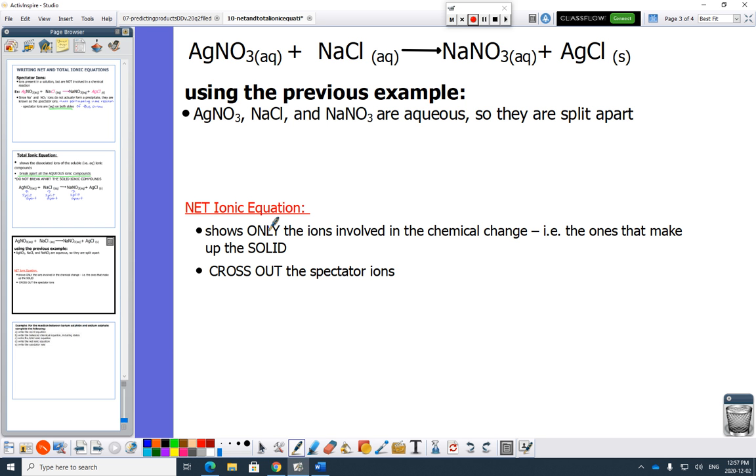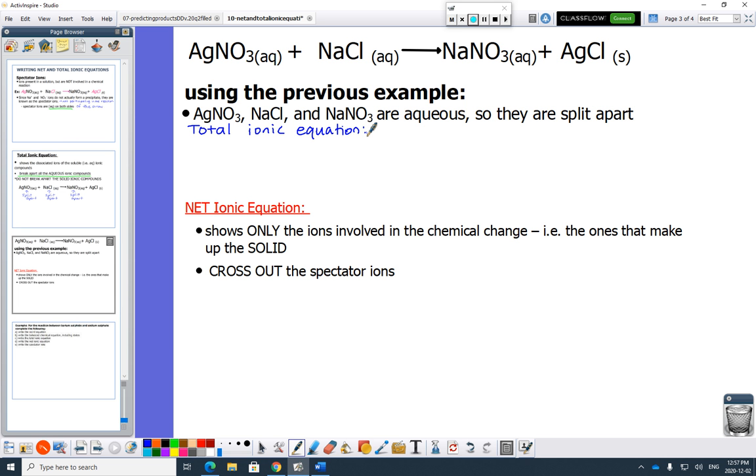So when you do a total ionic equation and the net ionic, it can be a little bit tricky, okay? What's important is that if something is aqueous or solid, those items are important.